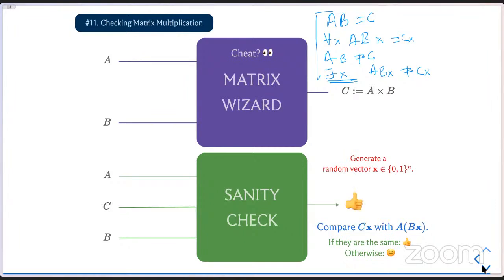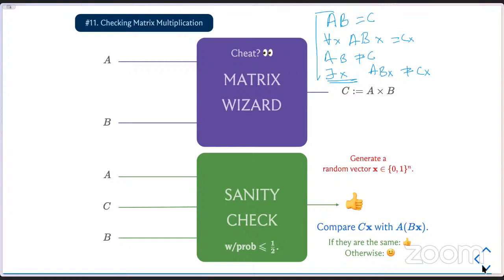The sanity check algorithm may give a free pass in spite of C not being equal to A times B. So you might be fooled, but only half the time. If the matrix wizard is cheating, our sanity check algorithm will still give it a pass with probability at most half.